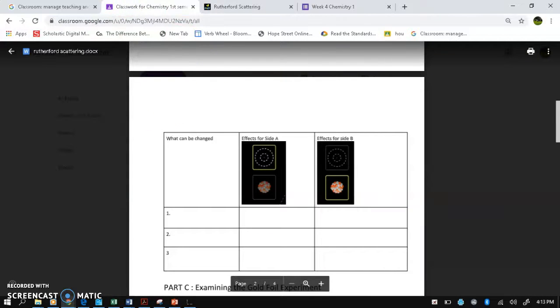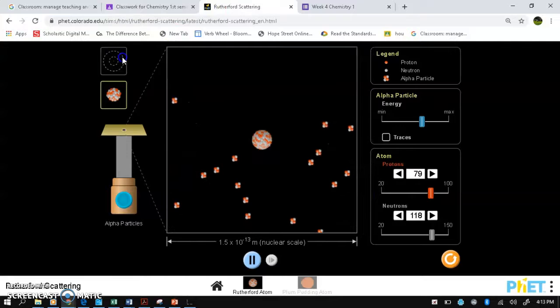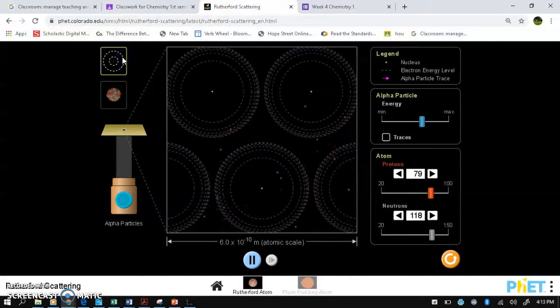I want to stress to you that the key thing about this is that the atom is made of 2 components, and I'm going to keep stressing this. What is chemistry? Chemistry is the study of matter. What is matter? Matter is anything that has mass and volume.